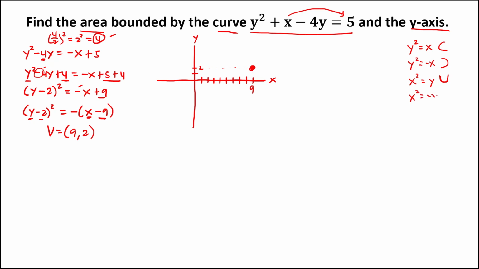For x squared equals negative y, this curve opens downward. Since the given is y squared equals negative x, therefore this curve opens to the left.